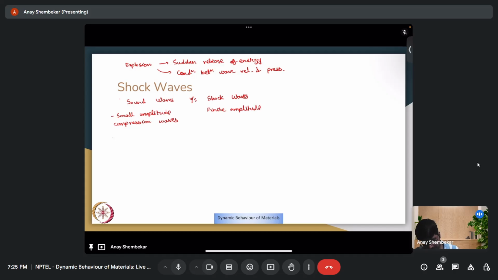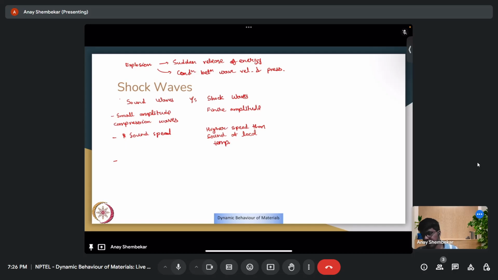Another thing about sound waves is that they have a sound speed itself. I'll write it here, and the shock has a higher speed than sound at whatever local temperature it is. Because of the sudden release of energy, there will also be an increase in temperature.